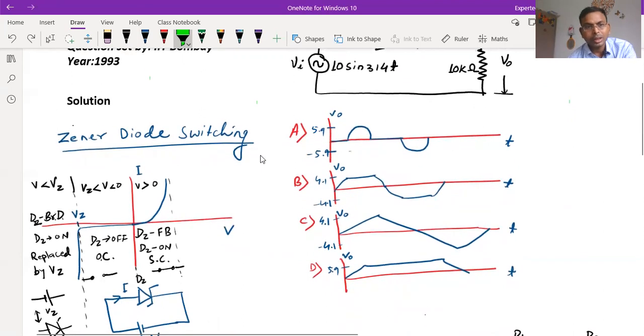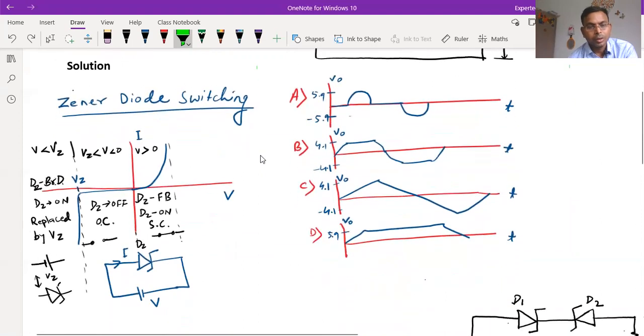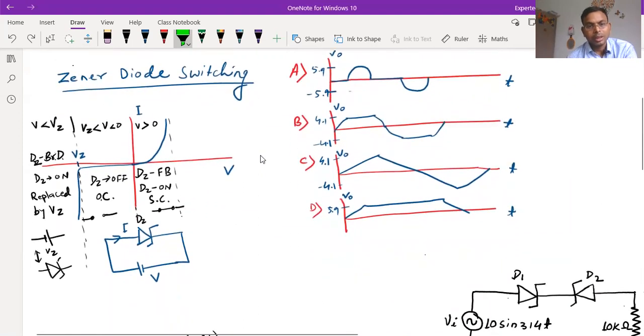Before going to the solution, let us understand some switching characteristics of the Zener diode. So this is the Zener diode, and voltage V is connected, and current I is conducting in the forward direction. Now this is the forward direction, and this is the reverse direction of applied voltage.